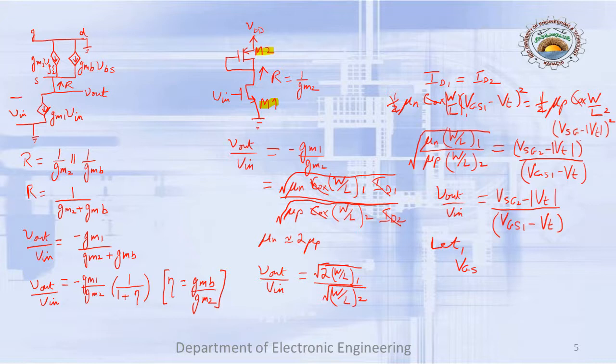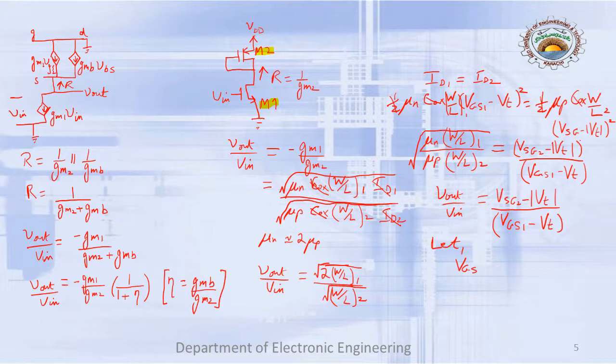So it's like two conductances which are in parallel. We know that conductances, when they are in parallel, actually add up. So we can say that R is equal to 1 upon GM2 plus GMB.